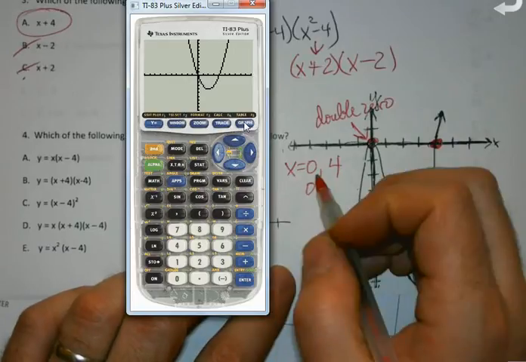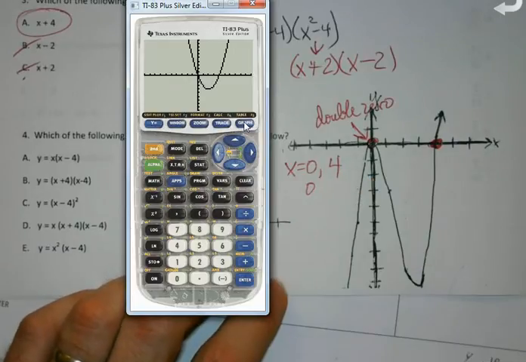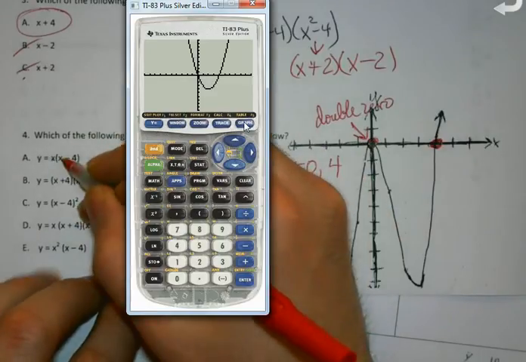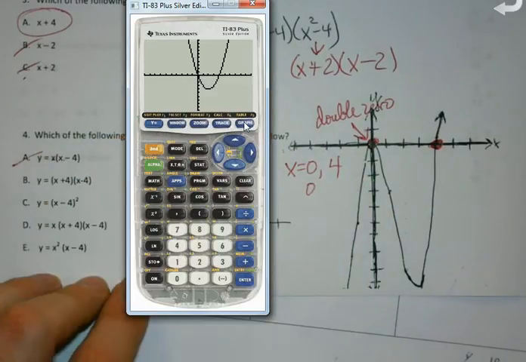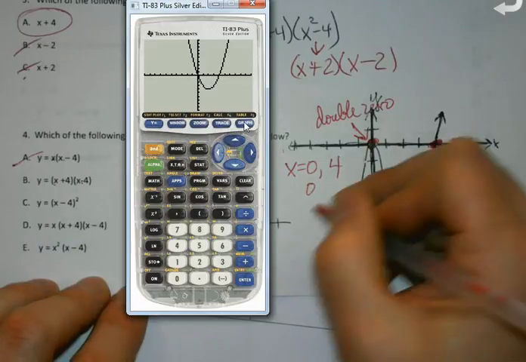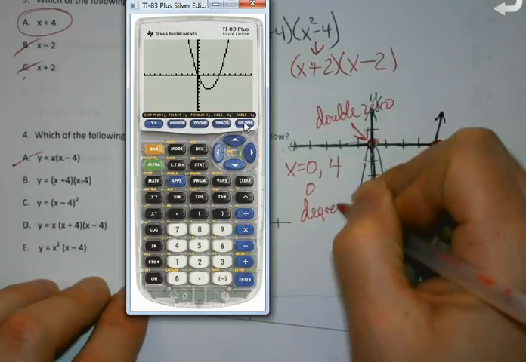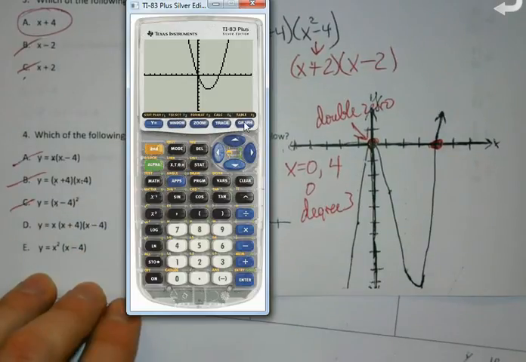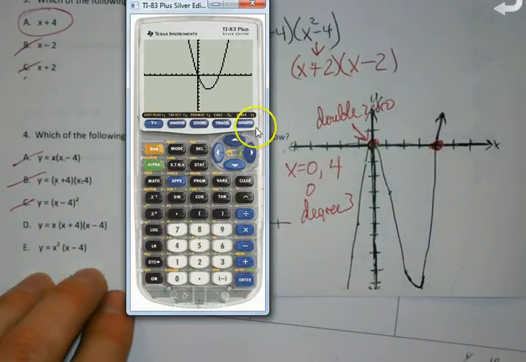Well, if I have 3 answers, my degree needs to be 3. Here, x and x would give me a degree of 2, so that wouldn't work. X times x is x squared again. This would need to be a degree of 3. That's only 2. X squared, nope. So it's got to be one of these 2 guys.